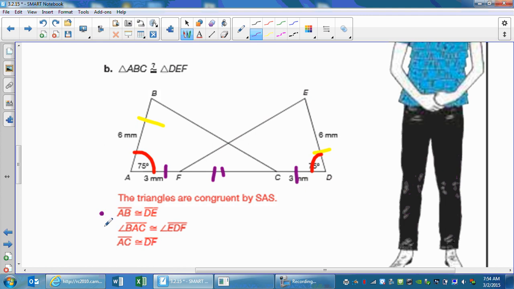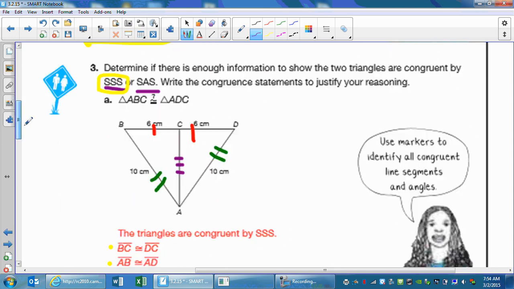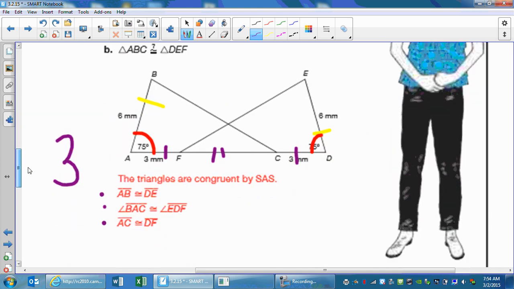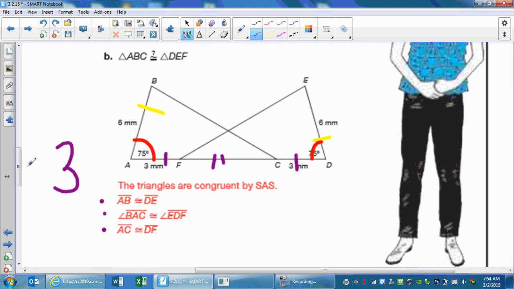Okay, so make sure you have your 3 pieces, because it's side, side, side, side, angle, side, or tomorrow we're going to do angle, side, angle. So it's always 3 pieces that you need. If maybe they only give you 2, you might have to do Pythagorean theorem. Or maybe it's like this one where it's including the same side. So sometimes you'll have to think, how could I get another piece?